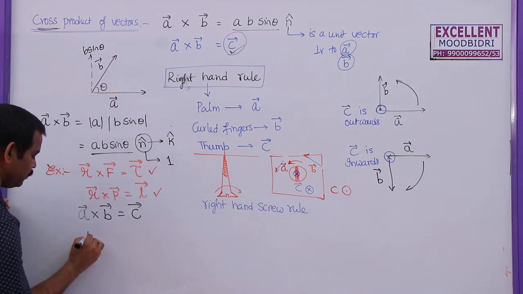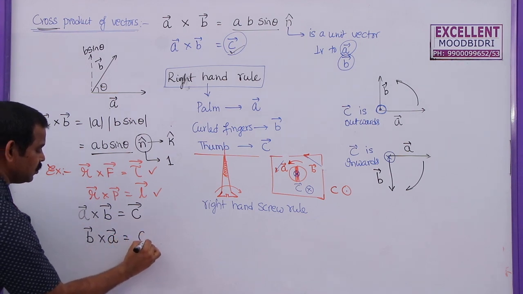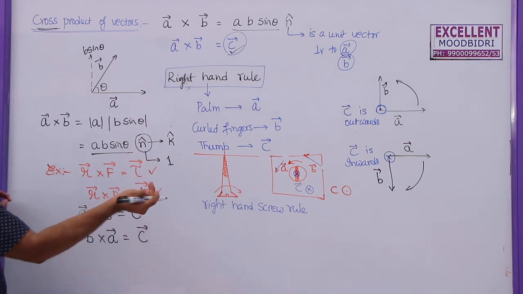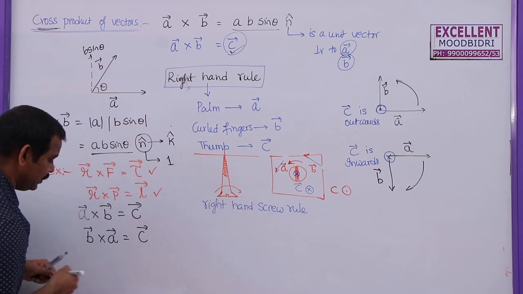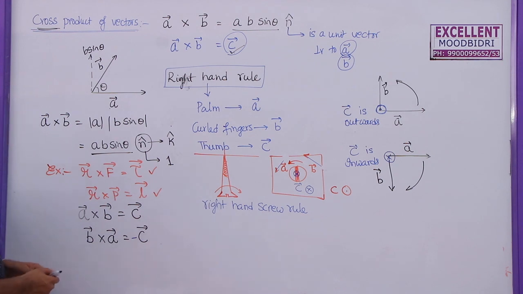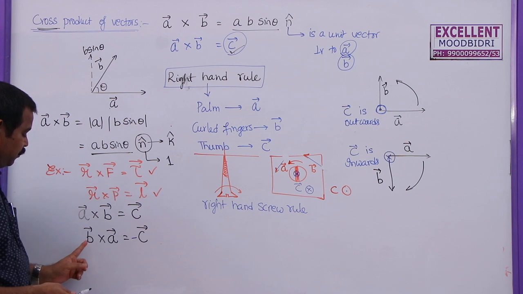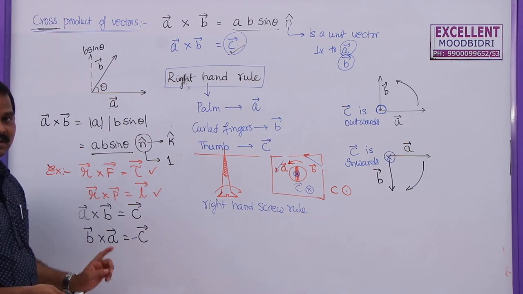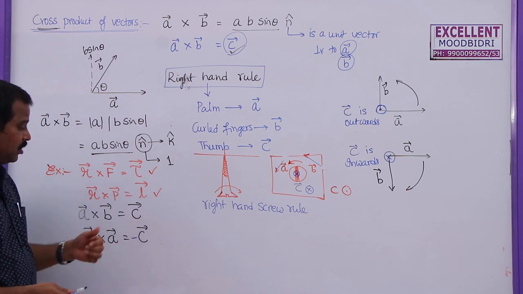But what is B bar cross A bar? This is also C bar only, but opposite to this vector. So, I have to keep a minus here. That means when you are multiplying A with B, you will get C. If you are multiplying B with A, you will get minus C. That means the magnitude of the product will not change, but its direction will change.